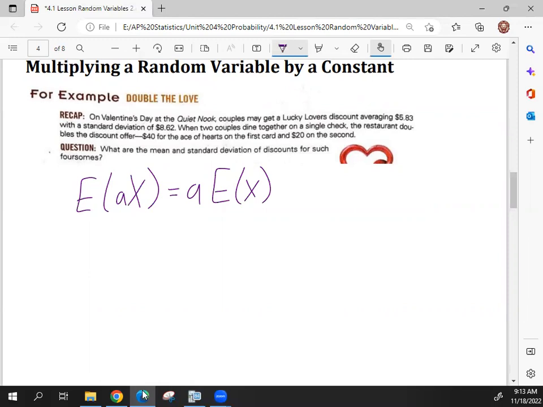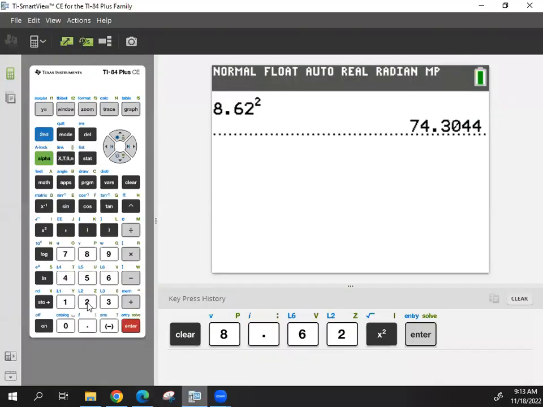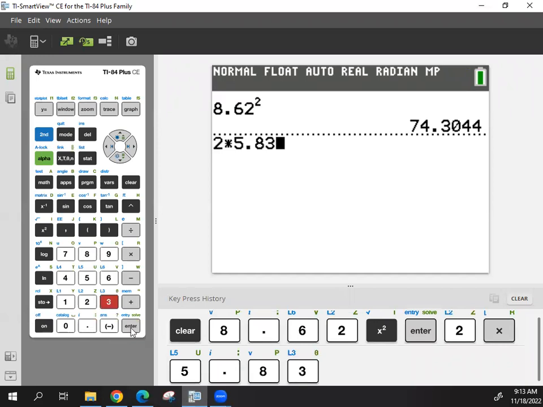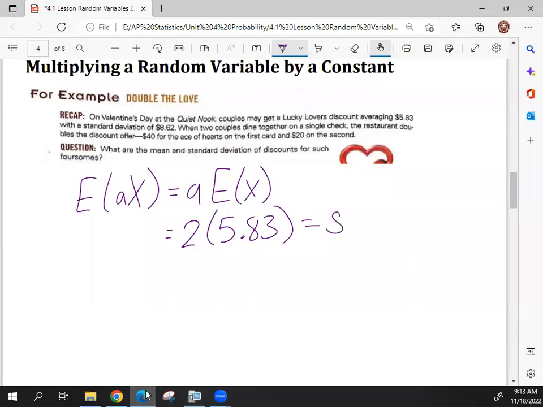And so doubling means multiplying by 2. So in this case, we would just take our original $5.83 and multiply that by 2. And so we would get an expected discount of $11.66 for a double date. So on average, two couples coming in and sharing a check will expect to save $11.66.